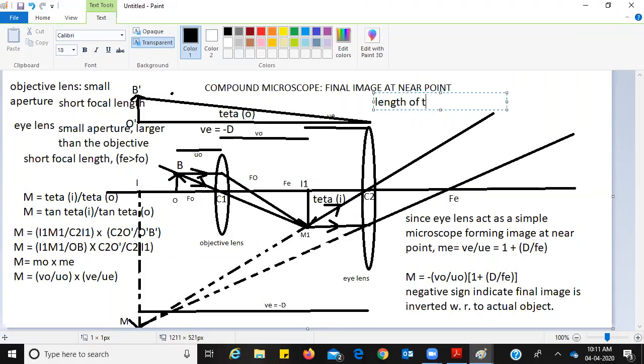Length of the tube. So VO plus UE. L is equal to VO plus UE.